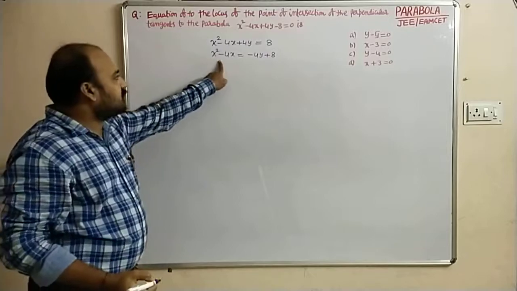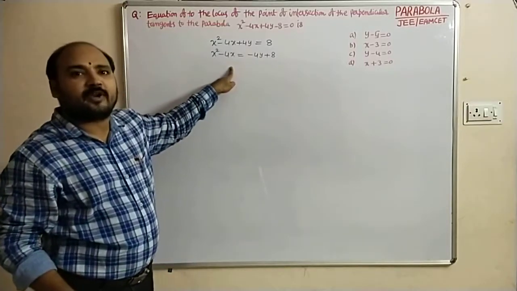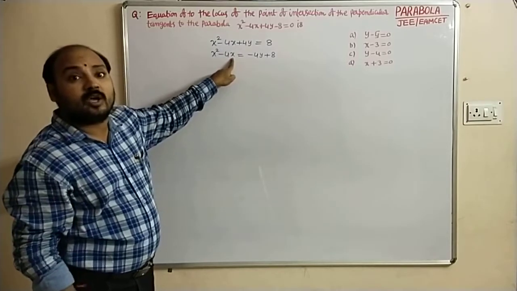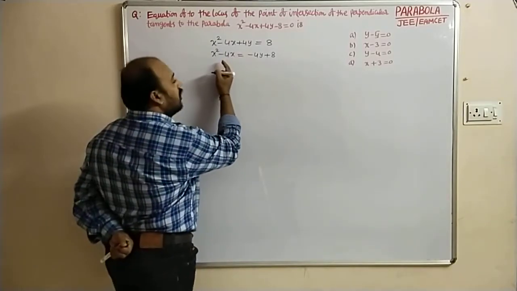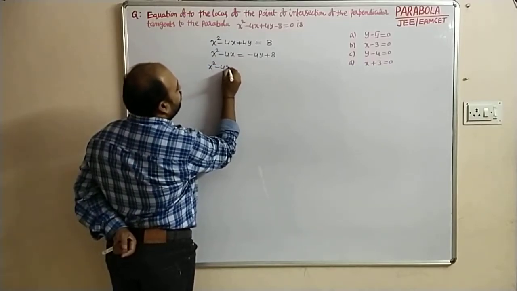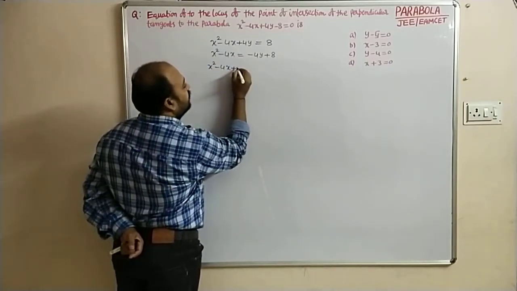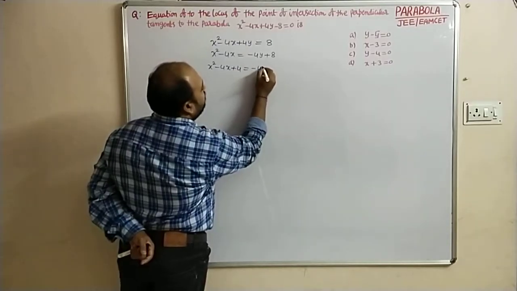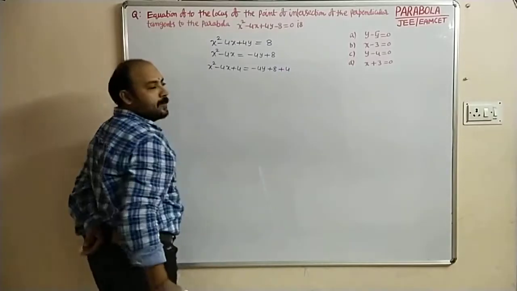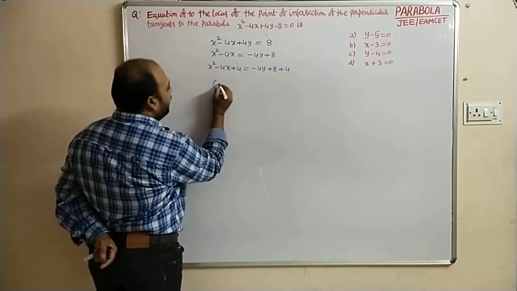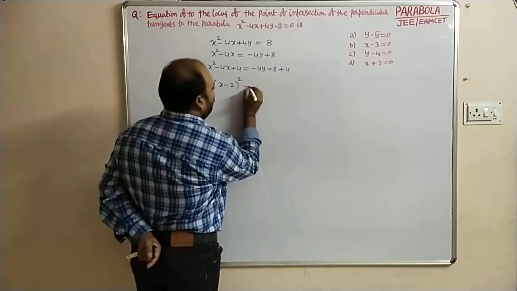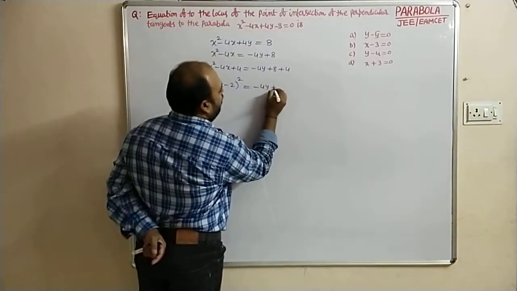To make the perfect square here, we add half of the x coefficient squared on both sides. The x coefficient is 4, half of it is 2, square is 4. So x square minus 4x plus 4 equal to minus 4y plus 8 plus 4. It is the expansion of x minus 2 whole square, which is equal to minus 4y plus 12.